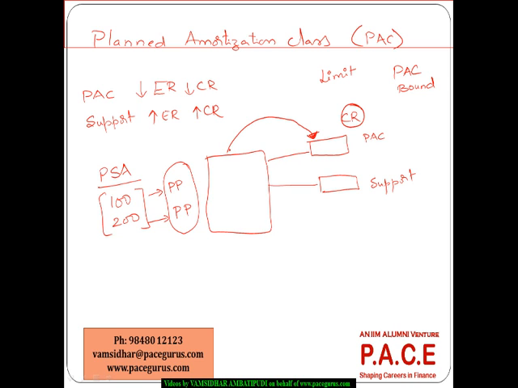Let's say based on the 200, the prepayment that is expected is 10,000. If it is 100, let's say it is around 5,000. If it is 200, let's say the prepayment is around 10,000.